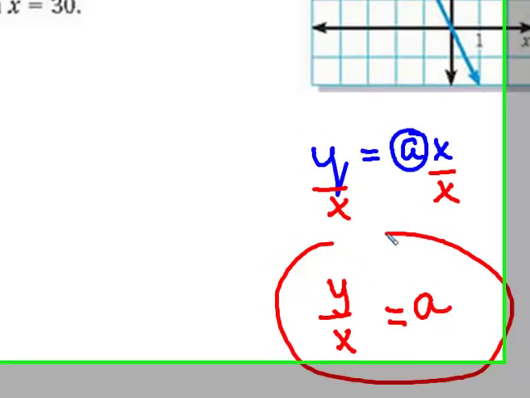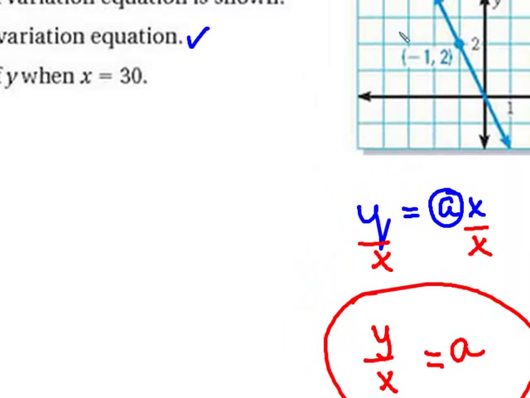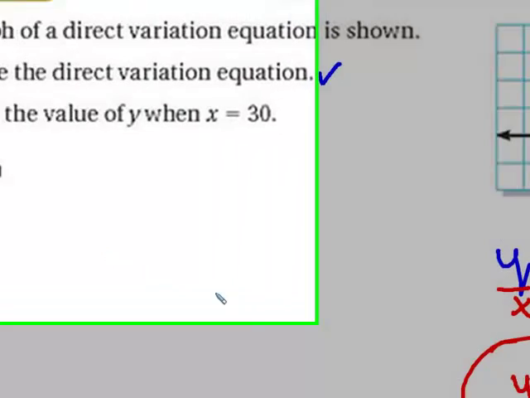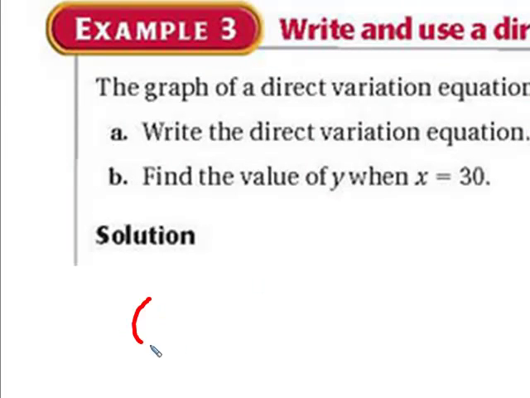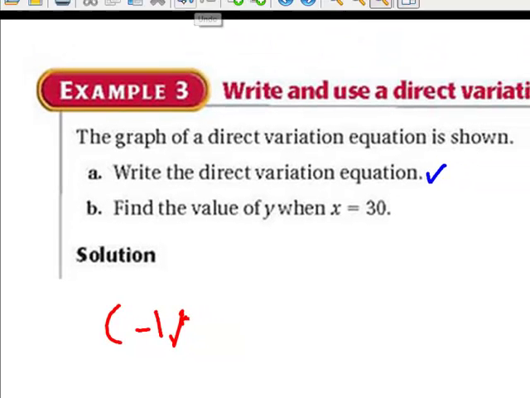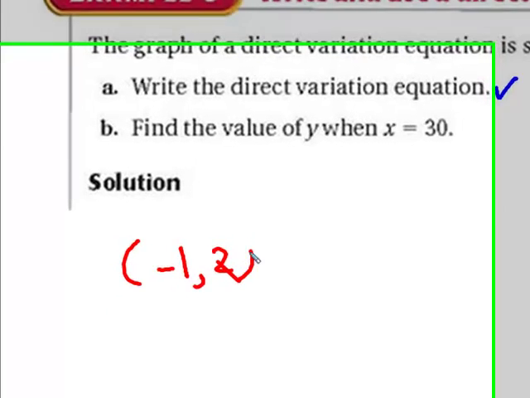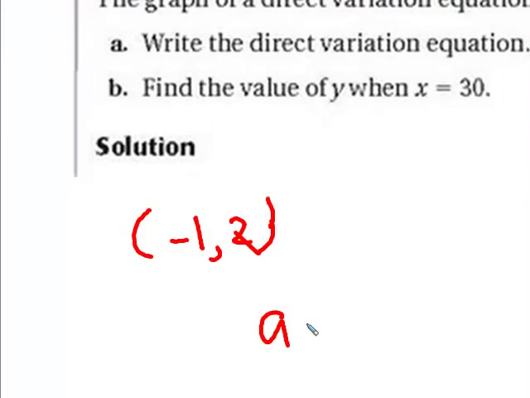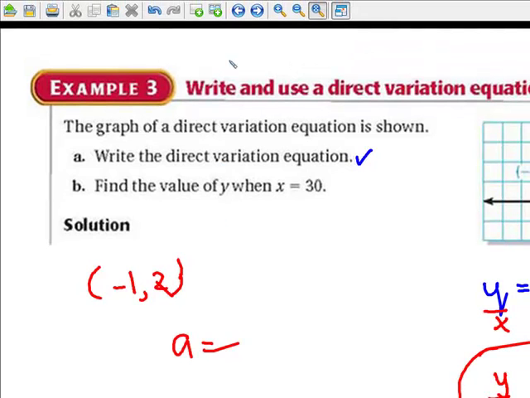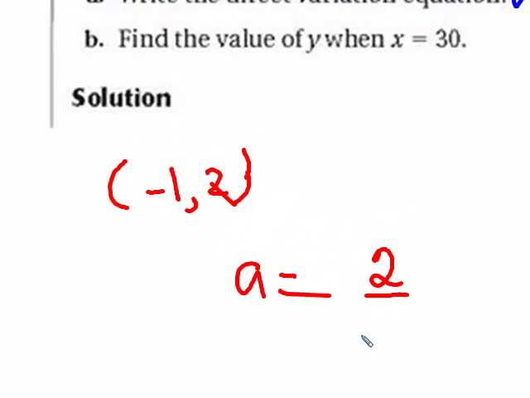That way, if they don't give you a graph to look at and they just give you a point, which could happen, we can look at the point, negative 1, 2. And I know that my a is y over x.